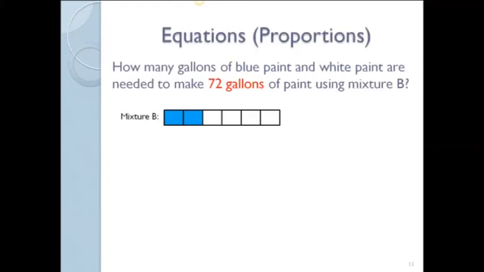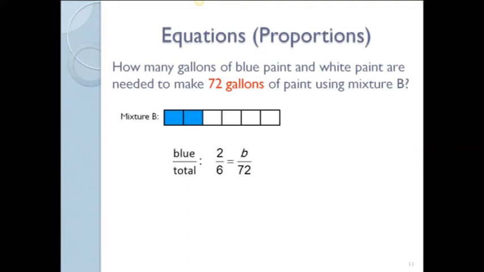Let's switch to setting up a proportion for the same problem. First, we focus on the fact that we are looking at gallons of blue paint, white paint, and total gallons. So words might help us keep track of things. We'll focus on one color here compared to the total. The value of the ratio of blue to total is 2 to 6, and we need a total of 72 gallons, where the amount of blue is unknown.